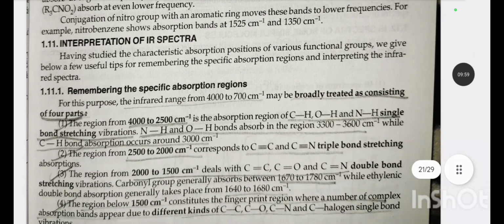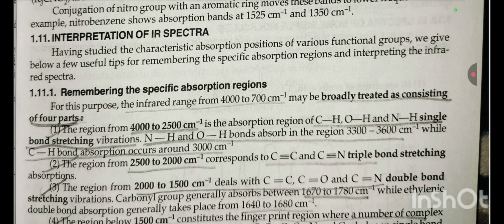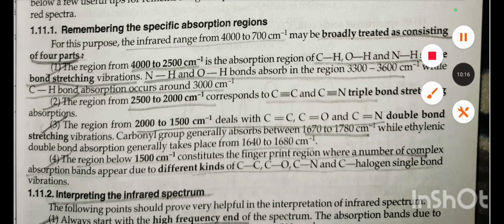Interpretation of IR spectra. Having studied the characteristic absorption positions of various functional groups, we give below very useful tips for remembering the specific absorption regions and interpreting infrared spectra. Remembering the specific absorption regions: the infrared range from 4000 to 700 cm⁻¹ may be broadly treated as consisting of four parts.